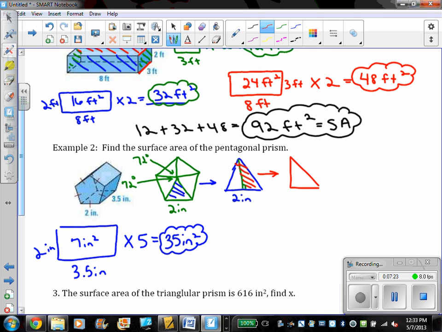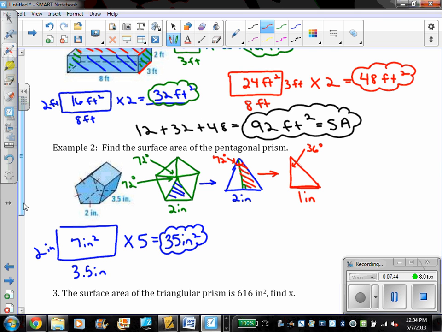Okay, that means this full angle here is 72 degrees, but half of 72 degrees is going to be 36 degrees. So in here we have 36 degrees. This base of this part of the triangle is not 2 inches, it's going to be 1 inch.